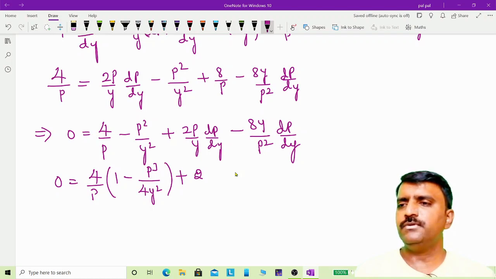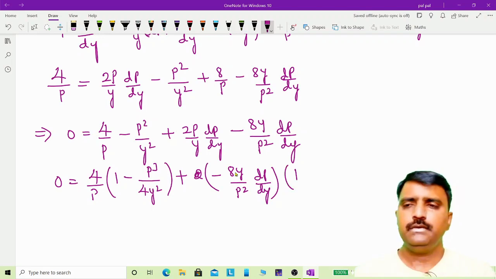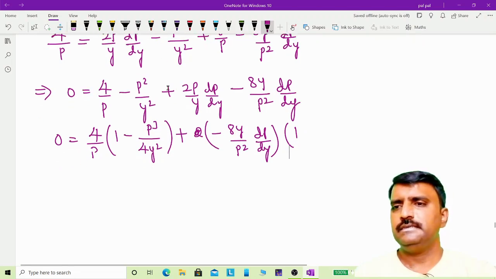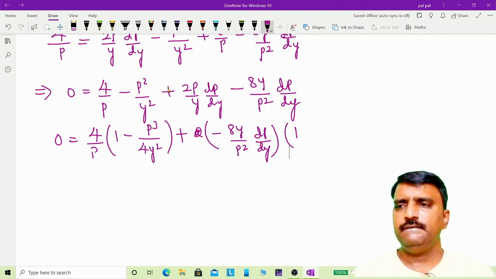So I am taking the common factor as minus 8y by p square into dp by dy. So if it comes outside, the remaining here is 1. Okay, so 1, and this becomes minus because we are taking minus as a common factor.